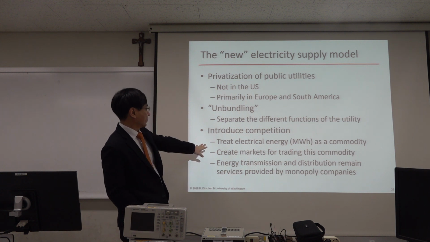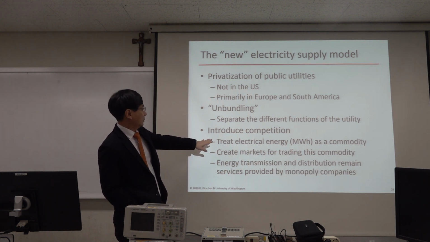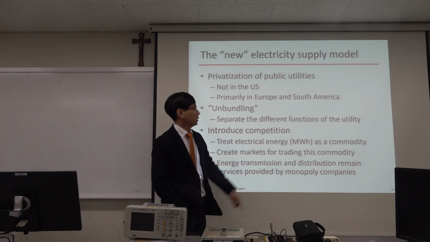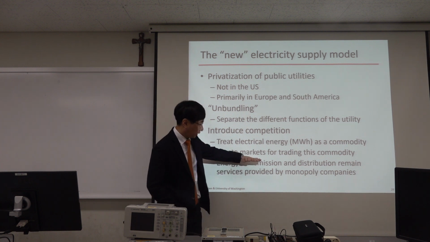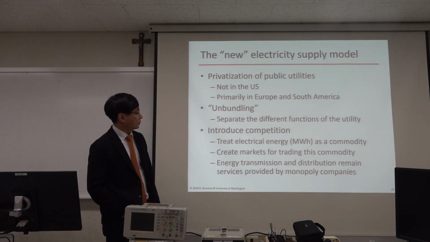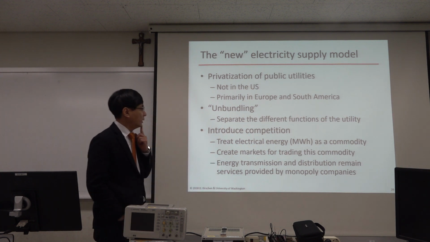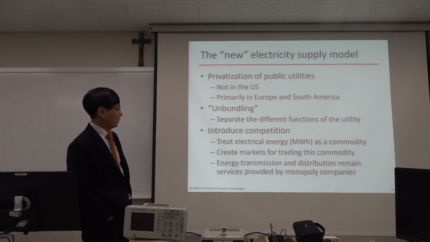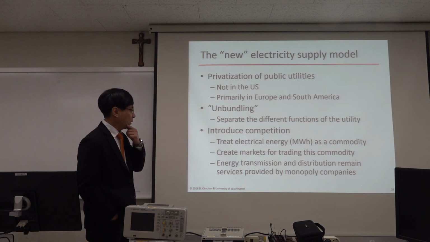Anyway, where am I? Yeah, so treat the electrical energy as a commodity and create markets for trading this commodity. And energy transmission and distribution remain services provided by monopoly companies.